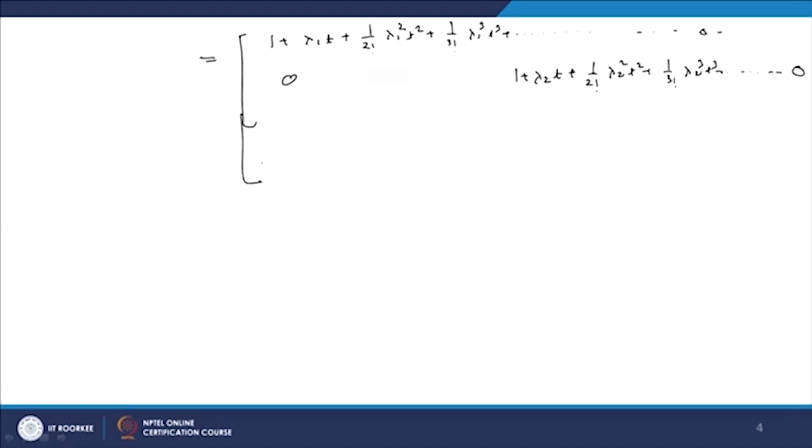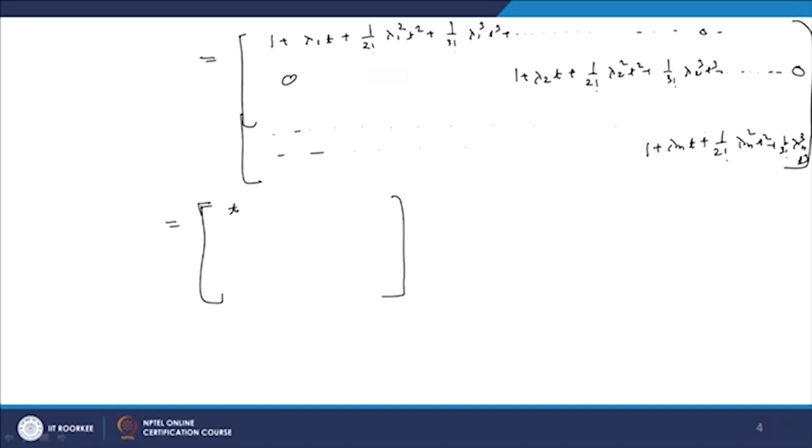Now, this process is repeated, and at the last row, last column, you will get the element 1 plus lambda n t plus 1 by factorial 2 lambda n square t square plus 1 by factorial 3 lambda n cube t cube. That means, if replaced properly, we can show it like this.